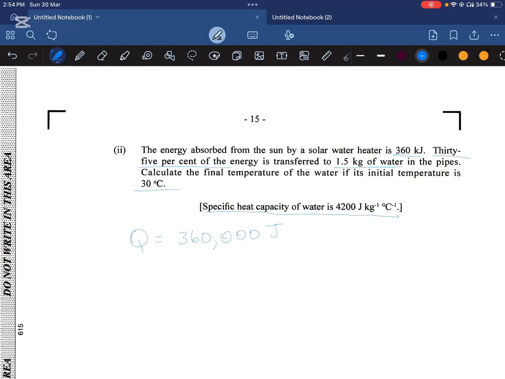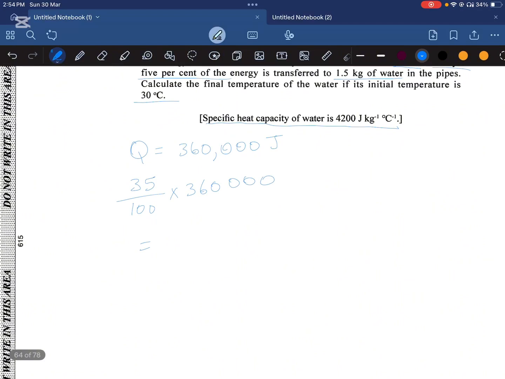Now, if we have this amount of energy, we will find 35% of 360,000 to give us how much energy was transferred to the 1.5 kilograms of water. So 35% of the energy is 126,000 joules. Now that energy is used to change the temperature of the water.